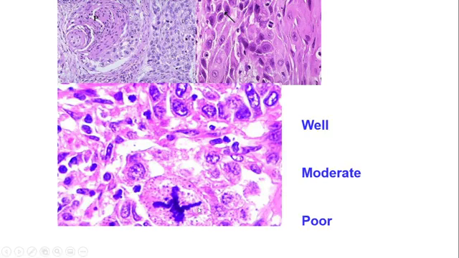That is quadripolar or tripolar mitosis that occurs only in malignant cells. This type of mitosis never happens in normal cells. It is called the sine qua non of malignancy. So: well-differentiated, moderately differentiated, and poorly differentiated squamous cell carcinoma.